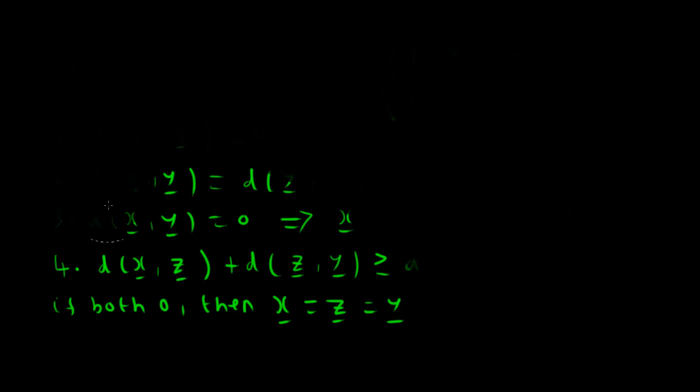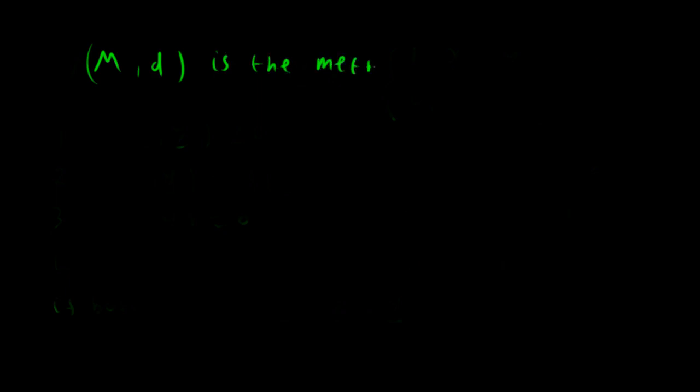I'll write this down and leave it on the screen for you. So MD is the metric space, and D is the metric. So D is the metric, the function is the metric, whereas M is the space itself.